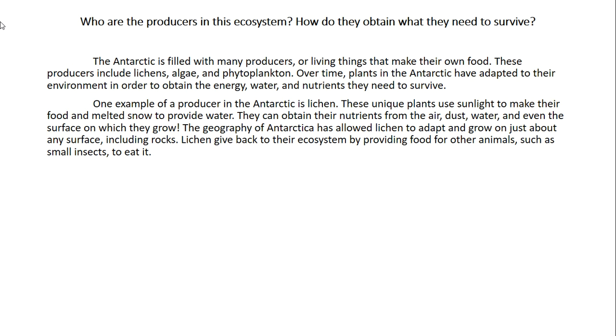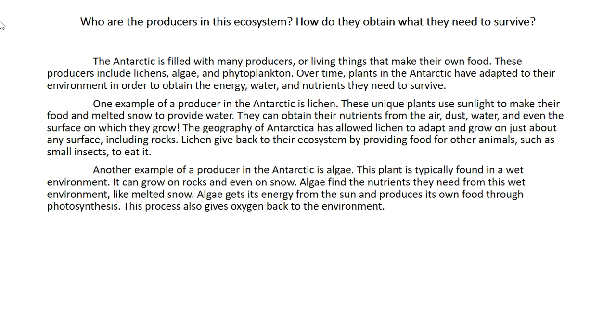The geography of Antarctica has allowed lichen to adapt and grow on just about any surface, including rocks. Lichen give back to their ecosystem by providing food for other animals, such as small insects, to eat. So that's it for producers. My key idea is introducing that producer. The rest of it is an explanation.